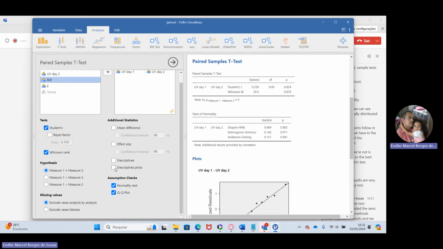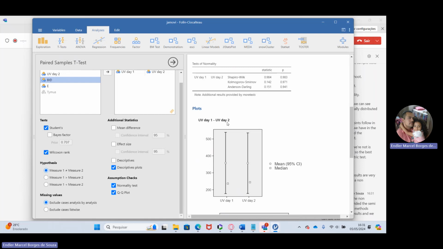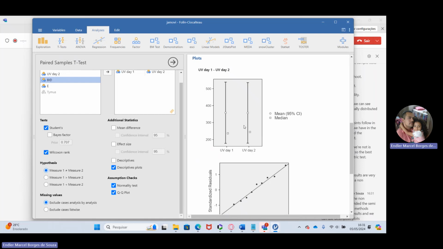And we can use descriptive plots. Using the descriptive plots, we can see that both days provide close results, and the standard deviations of both days were equivalent. Before I talked about two methods, but now we are comparing results obtained on different days.